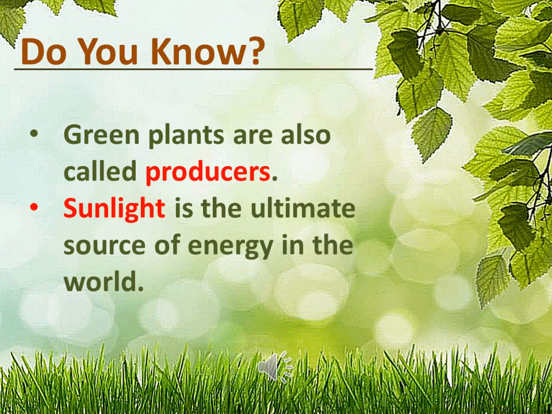Do you know that because of the ability of the green plants to prepare their own food due to the presence of green pigment chlorophyll, the green plants are also called producers. And also, sunlight is the ultimate source of energy in this world.